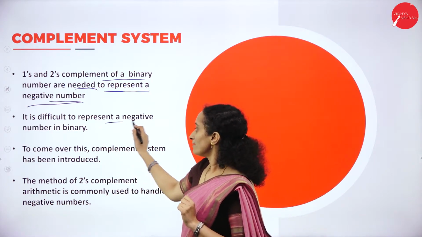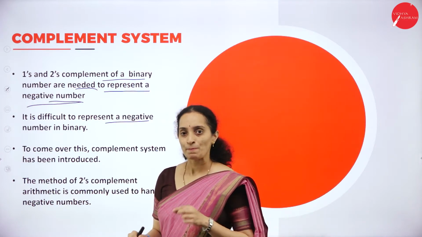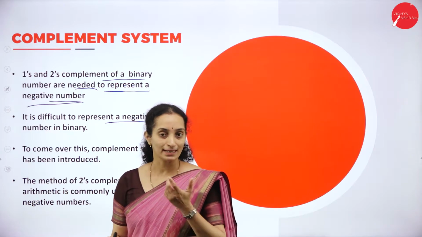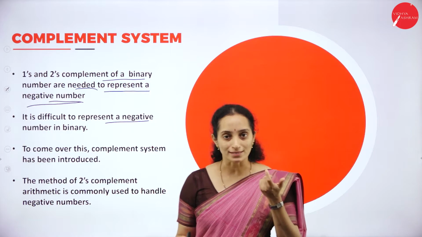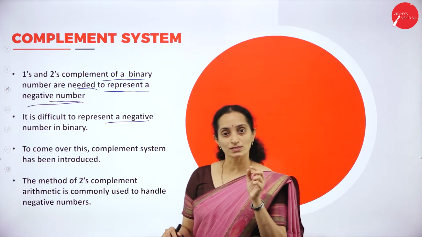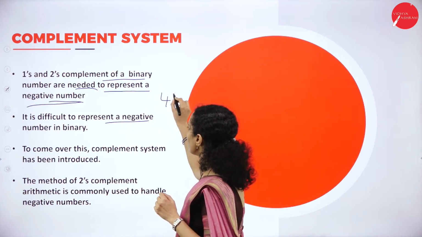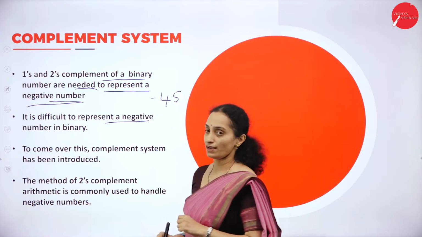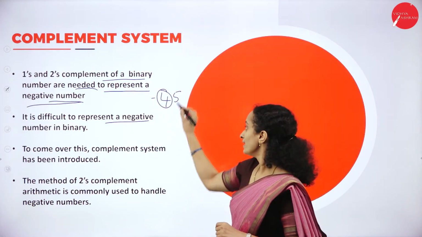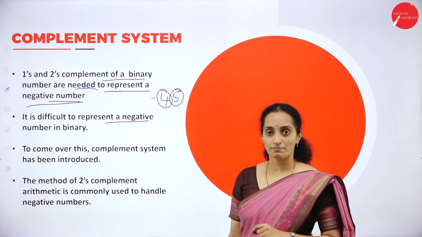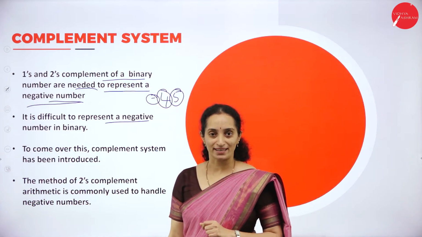Otherwise, it will be difficult to represent the negative values because you cannot put the sign. The sign will not be read by the computer because it can understand only ones and zeros. That means you cannot use the negative symbol as we use in decimal. Suppose you use minus 45, you can represent 4 in binary and even 5 in binary, but you can't represent minus in binary.